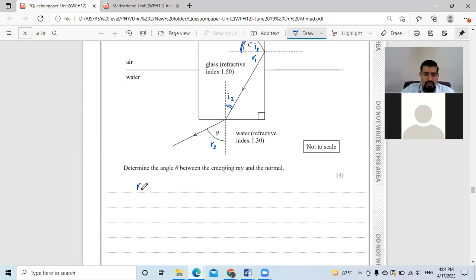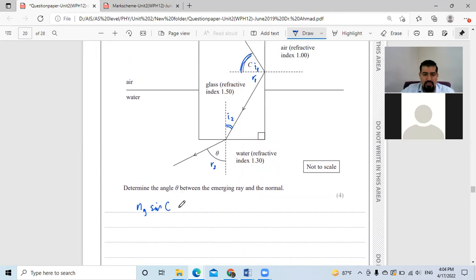So first of all, we are going to write N glass sine critical angle is equal to N air sine 90 degrees, because whenever there is a critical angle, it will be 90 degrees on the other side. So N in the glass, which is 1.5, sine critical, equals N for the air, which is 1, multiplied by sine 90, which is 1.